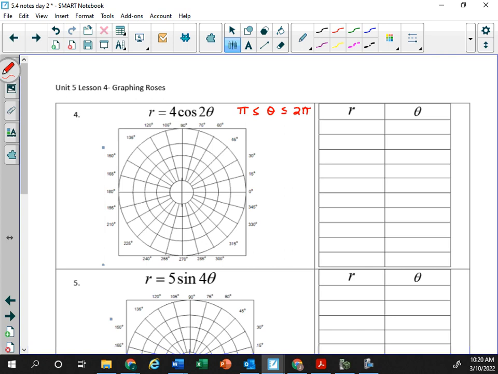So 2 ways you can do it. You can think about what the whole thing would be. You can actually plug in values from pi to 2 pi to think about where they would be. I like to still think about where those petals are occurring just to make sure I have that in my brain. But then you can plug in if you need to figure out which part of the graph we'll graph. So I'll give you a minute here to try this one, and let's see how we do.